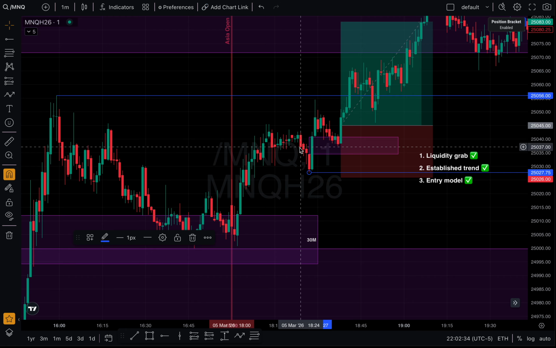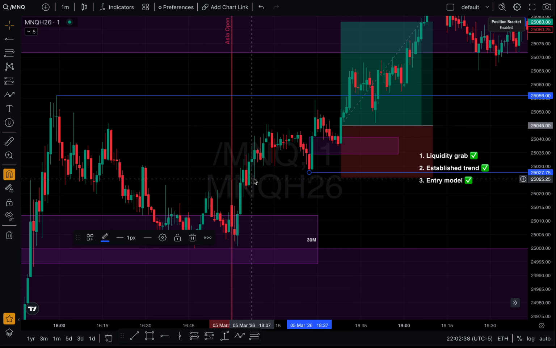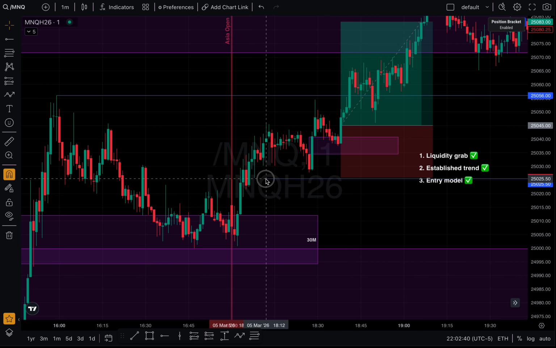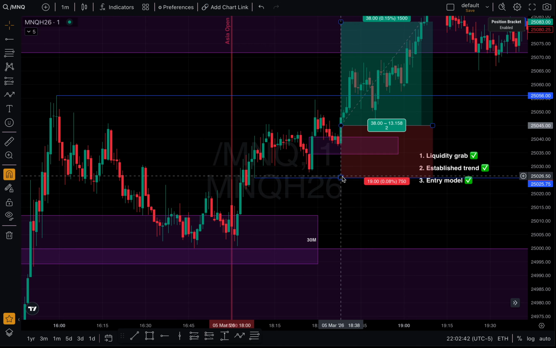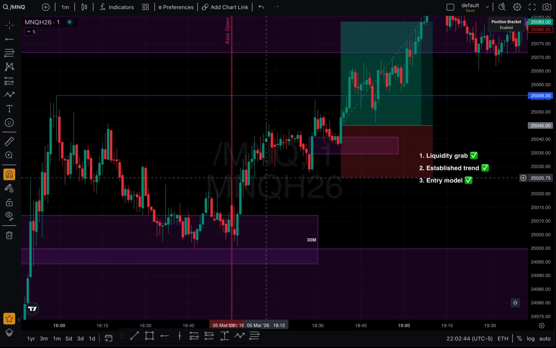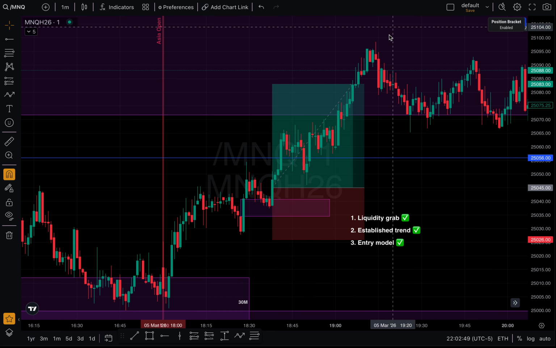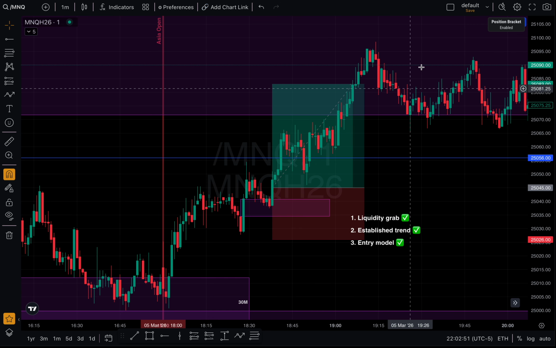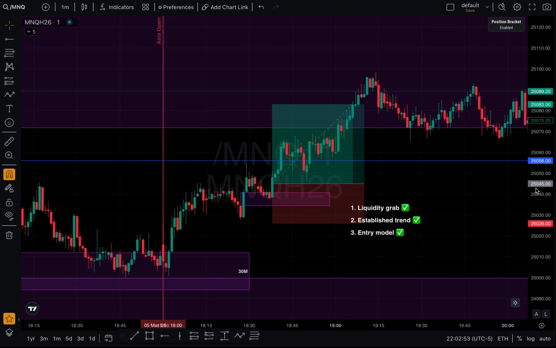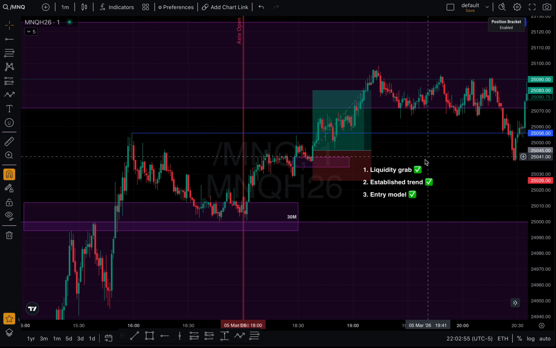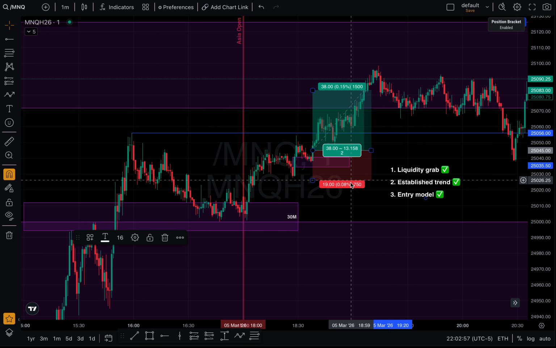When price is a little wick heavy, I'm willing to give my stop loss a little bit more breathing room. And this wick right here was a lower time frame liquidity level anyway. I figured why not just leave my stop there, let it breathe. Our target was a 2R inside this 15-minute fair value gap, which should have been a magnet for price anyway. So that's pretty much the reason why we entered a long position.